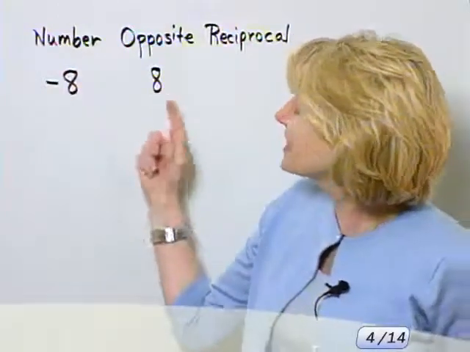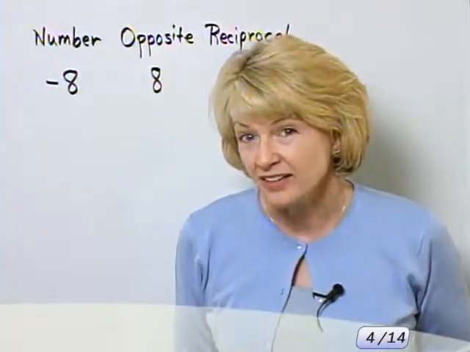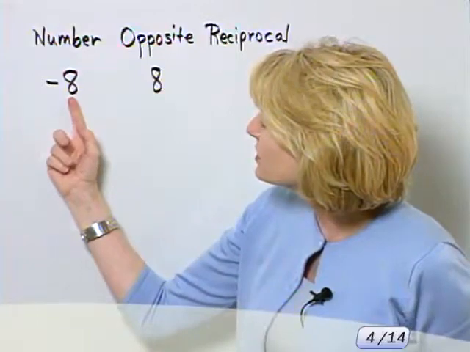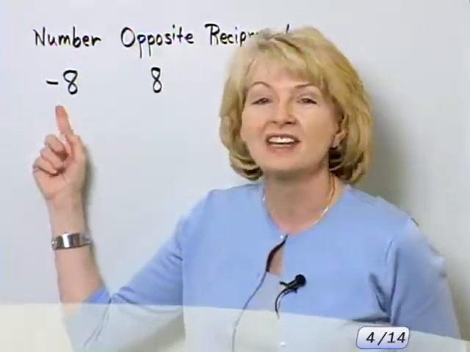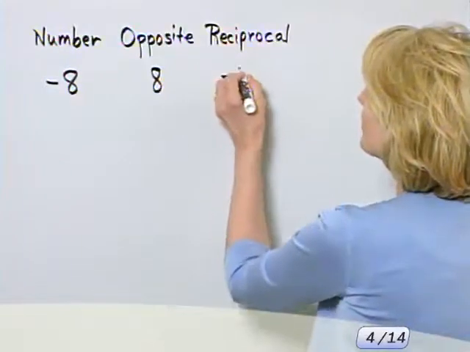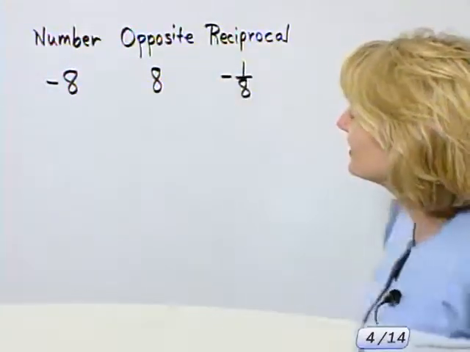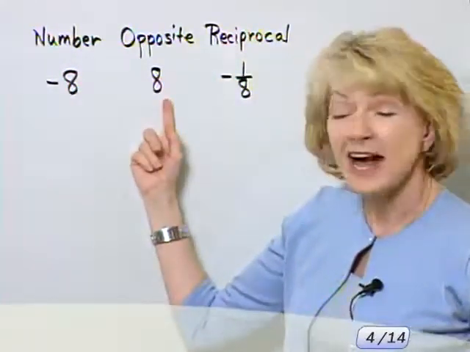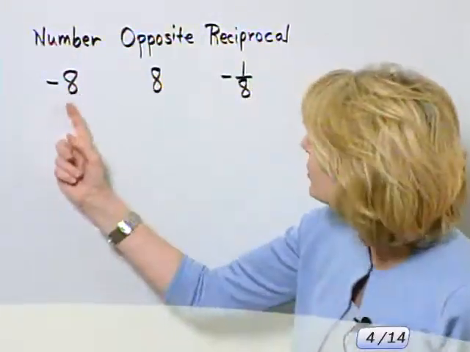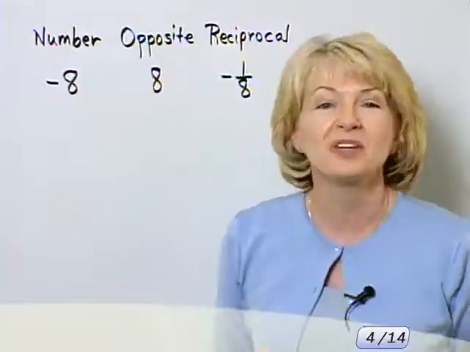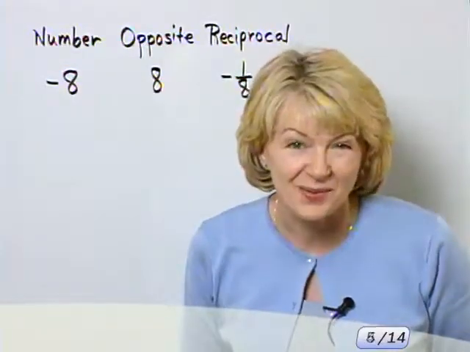The opposite of -8 is 8, correct? And then if this is the original number, what is the reciprocal of this original number? The reciprocal of -8 is 1 over -8, or -1/8. So there's my number, there's the opposite. Notice if you add these two, you get 0. Notice if you multiply these two, you get 1. And that's how that works.